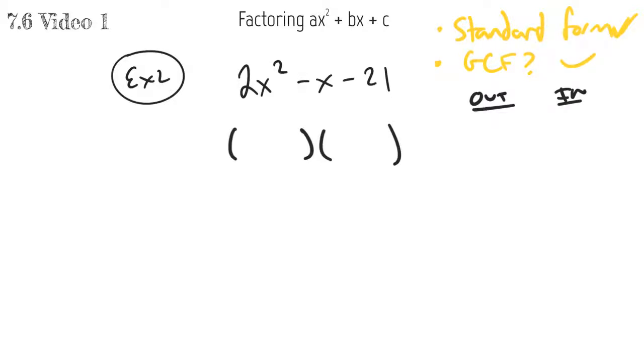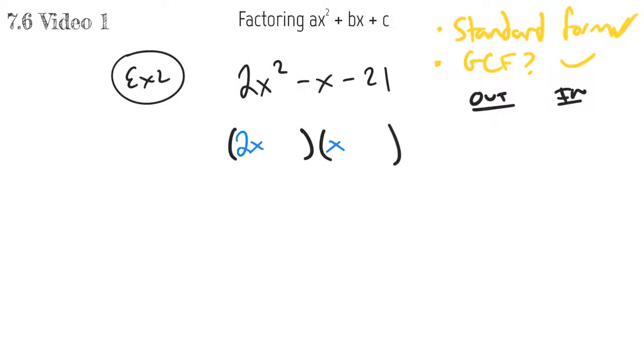We're going to try to get the correct answer here. When I test out some numbers, again, I need to get to 2x squared. And so I lead off with 2x and x. I split the x squared up. 2, I would split it up as well. 2 times 1 is 2. x times x is x squared. Now I need to think about what are all my options for getting to 21.